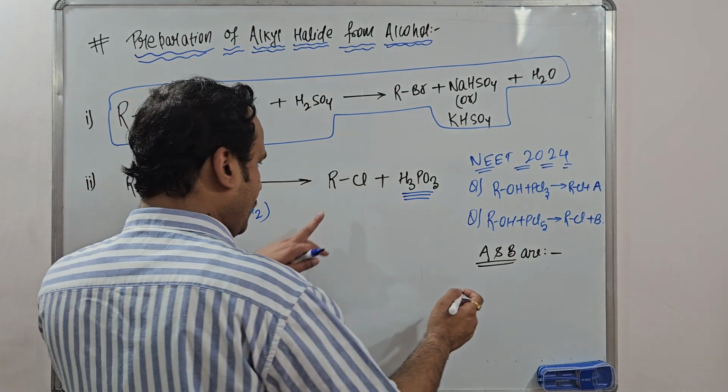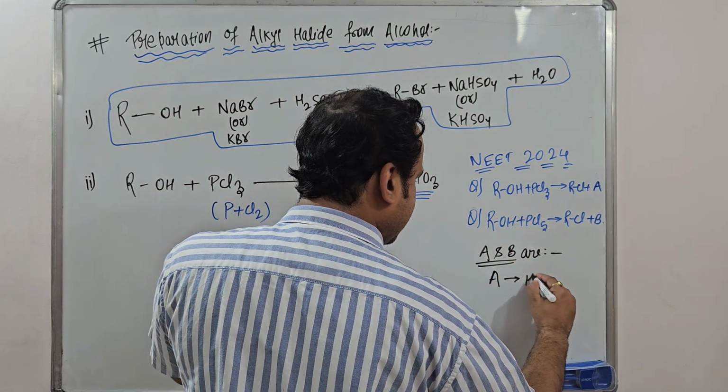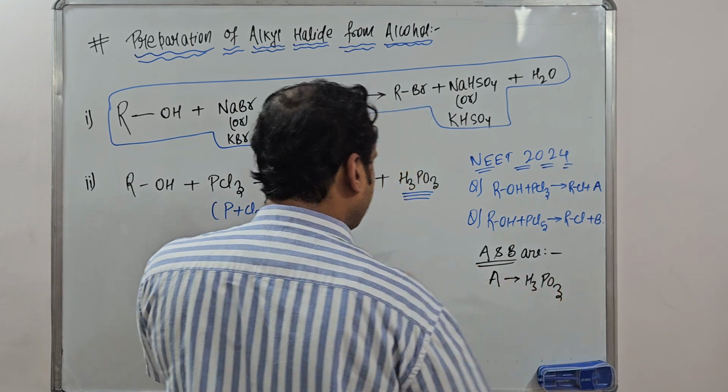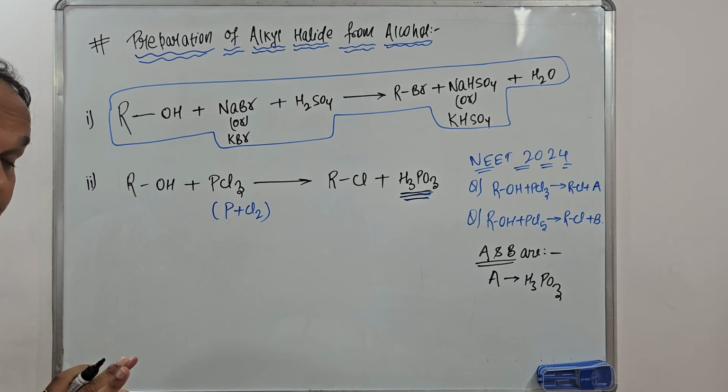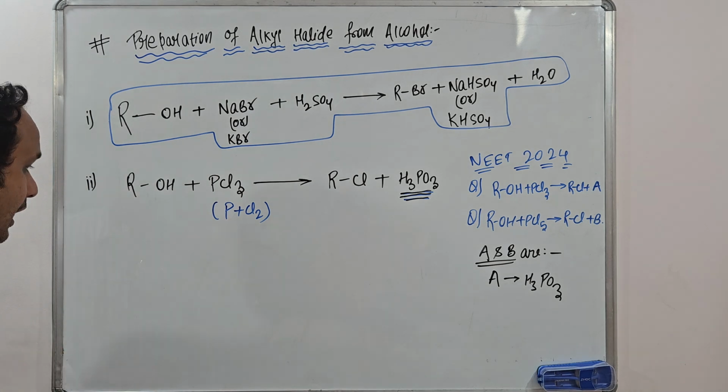Over here you already know that A is H3PO3. So I am saying that in this the byproduct is very important. I will go into detail, don't worry about that.